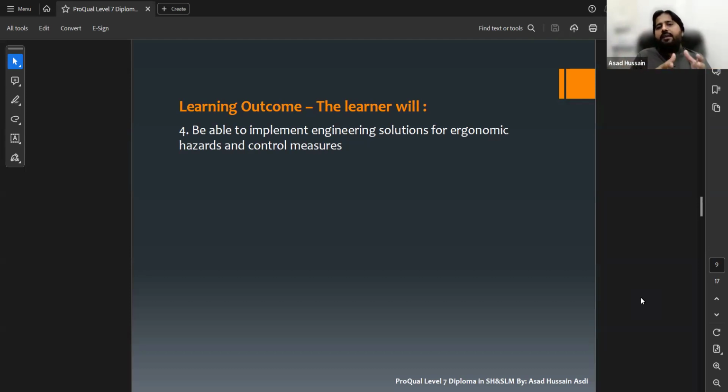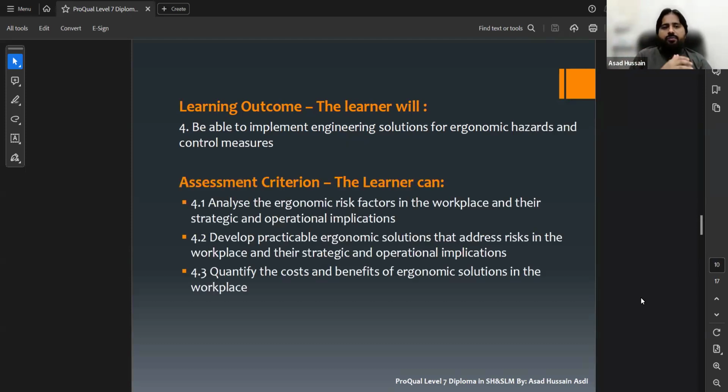So this learning outcome will be about implementing different engineering controls, because it is mostly about the work environment, the positioning of things, and the positioning of the worker. So it is about implementing engineering solutions for ergonomic hazards and control measure. So we will move forward.